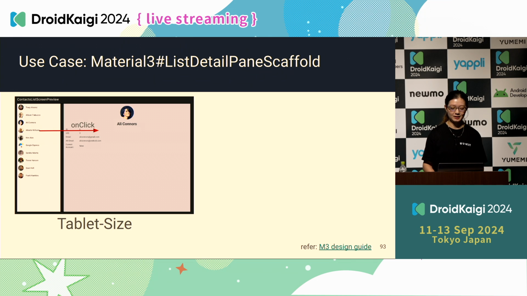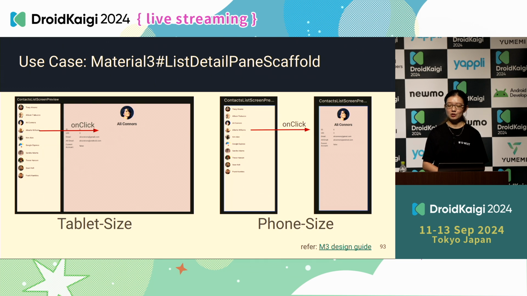For instance, on a tablet-sized screen, it shows a list and a detail view side by side, but on a phone-sized screen, it switches to a single pane layout with a list first, and then the detail view after clicking an item.